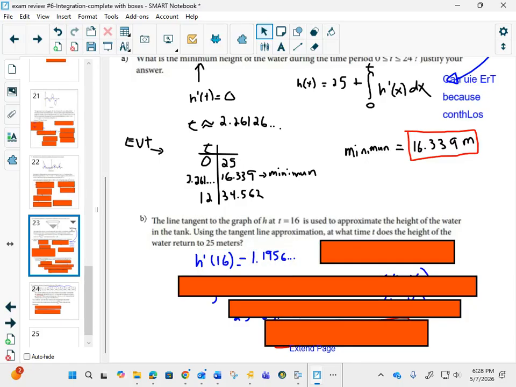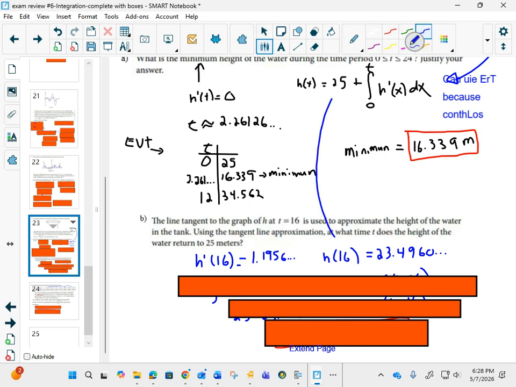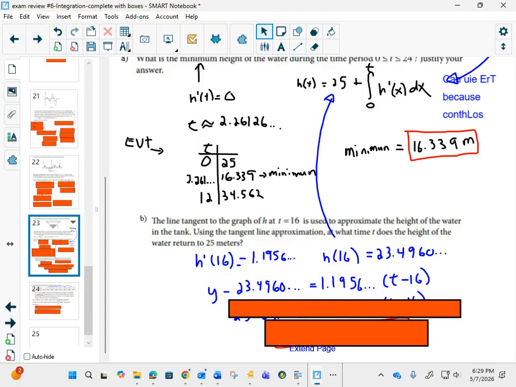There's our slope, we have the derivative. How do we find the point? I can plug in 16 for t and use my accumulation of change: 25 plus the accumulation of change from 0 to 16. Once I have that point and my slope, I can write the equation of my line.